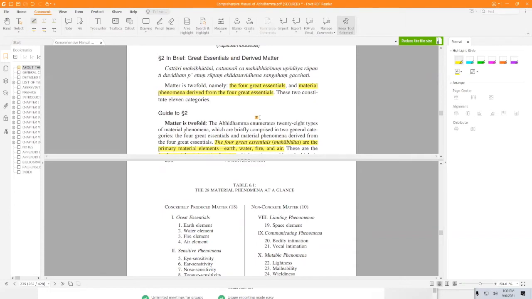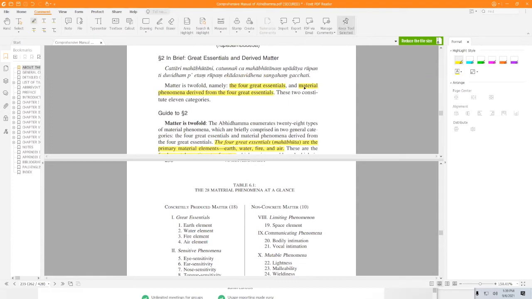Probably different Abhidharma systems will have different lists of material factors, just like they have different lists of the associated mental factors. But all of them will recognize a distinction that derives from the Sutta Pitaka itself. The most basic distinction is between the 4 primary elements, which are called in Pali the Mahabhutas, here translated as the great essentials.